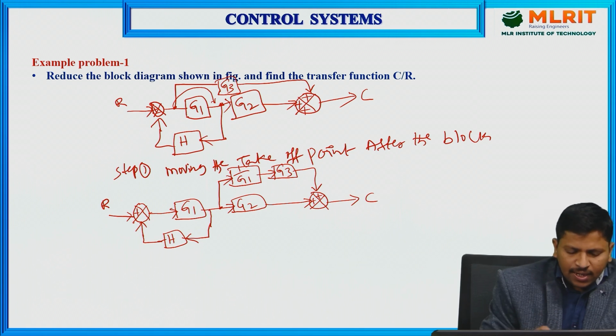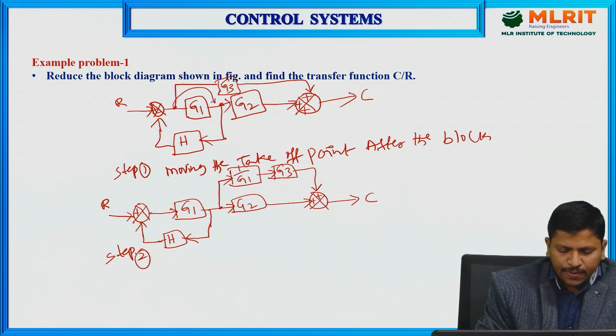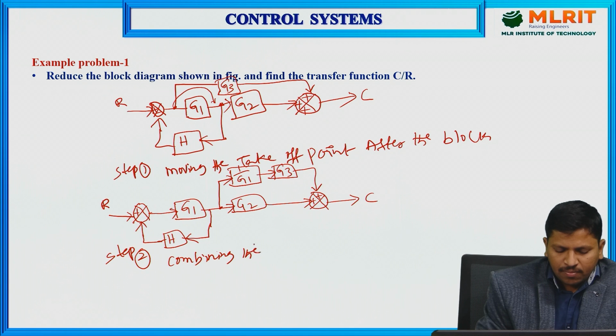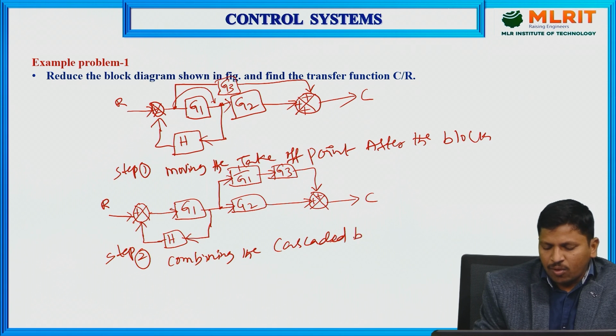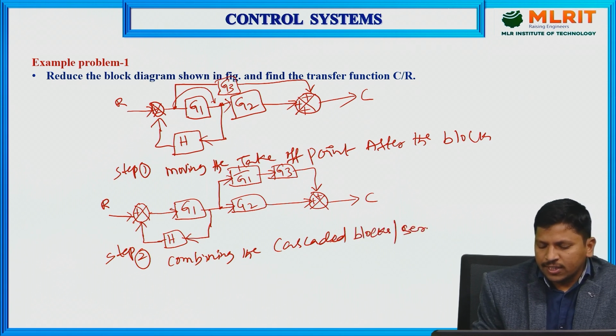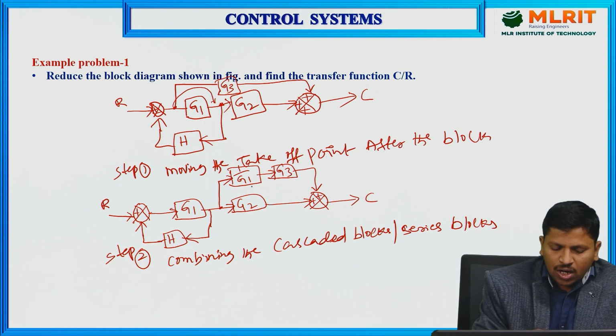So the second step is combining the cascaded blocks, or series blocks. Here, these two are just combined.